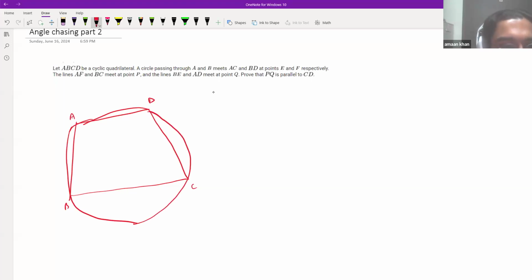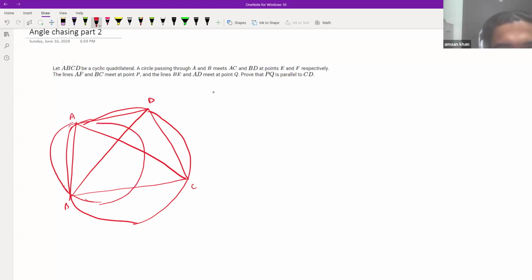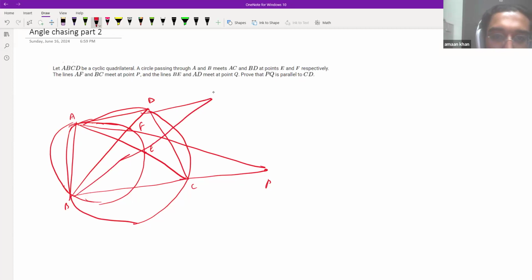The circle passing through A and B meets here, and B meets here. We need to show PQ is parallel to CD.